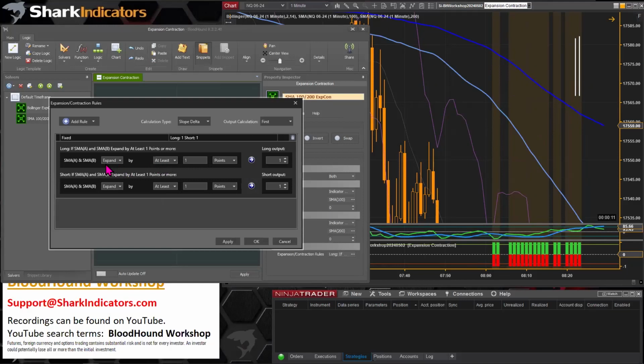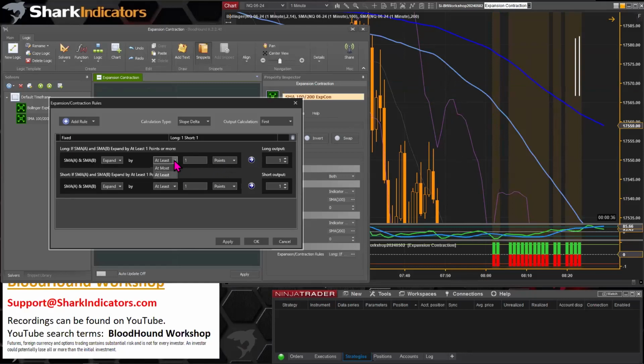So we're looking for a difference between input A and input B of at least 1 point or more. Yeah. So if we measured those two lines, we would see that the longer line is at least 1 point longer than the shorter line. So that's how you would calculate if these two SMAs are expanding by at least 1 point or more.